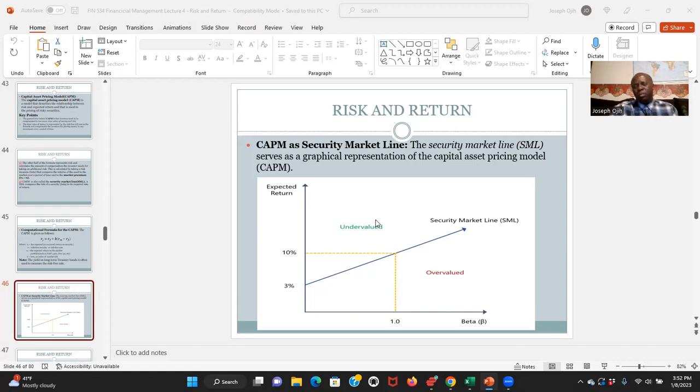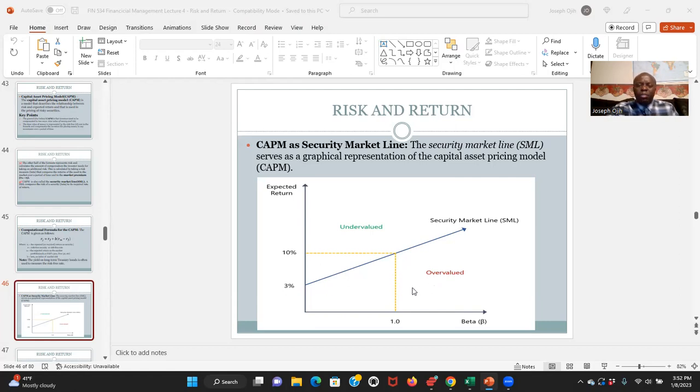I would say that if you plot the return that asset managers are giving on the graph, and the value is above this line, the stock is undervalued, because it's above the security market line. Sorry, if it's above the line, it's undervalued. If it's below, it is overvalued.